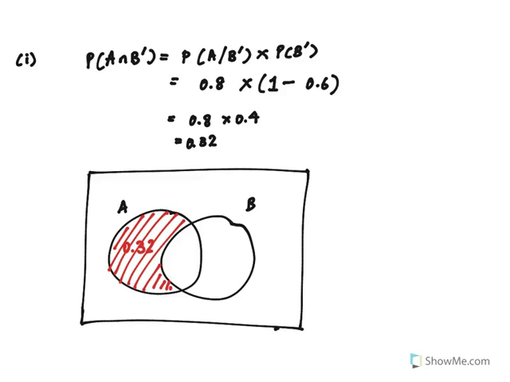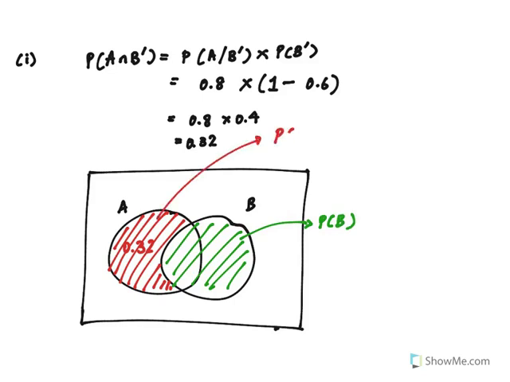So if you think about it, A union B is just the red color portion plus the green color portion, and the green color portion is just the probability of B. The red color portion is just the probability of A intersect B prime.